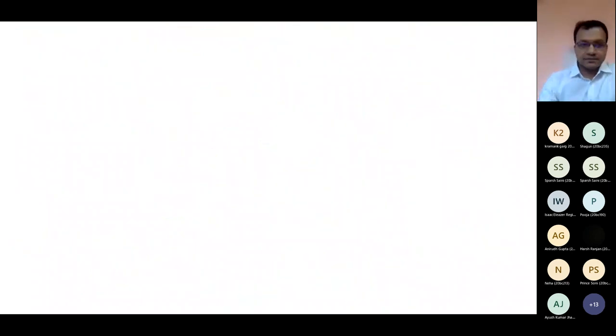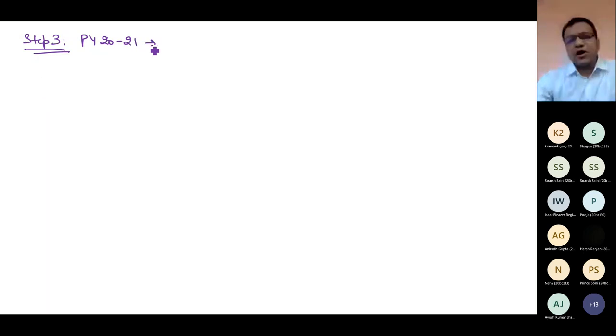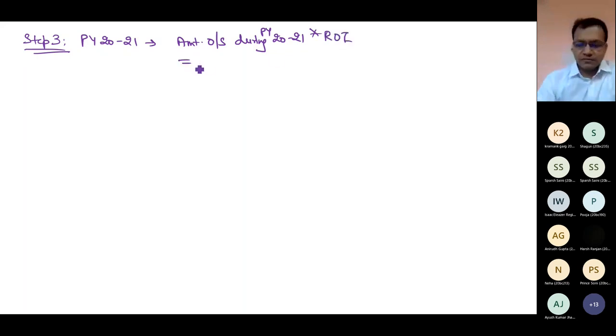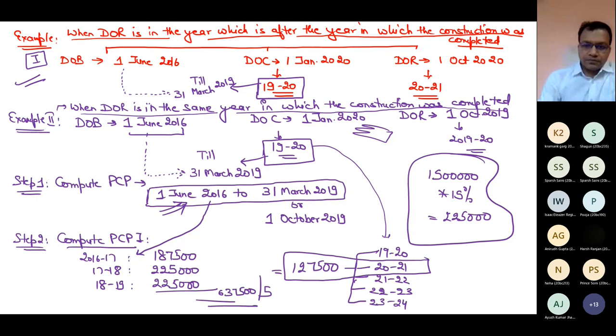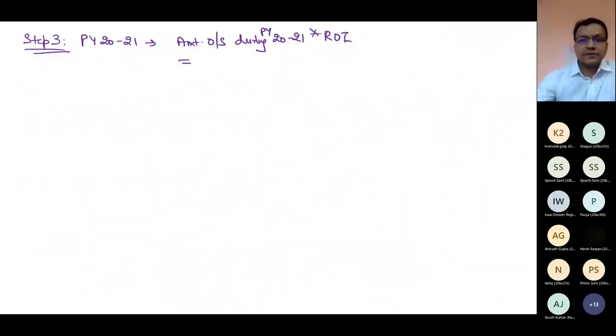Now, what is step 3? I told you step 3 is very simple. Since I'm computing the calculations for this year, can you tell me how much is outstanding during 2021? 15 lakh. How much is outstanding during 2021? Entire 15 lakh is outstanding. So rate is 15%.